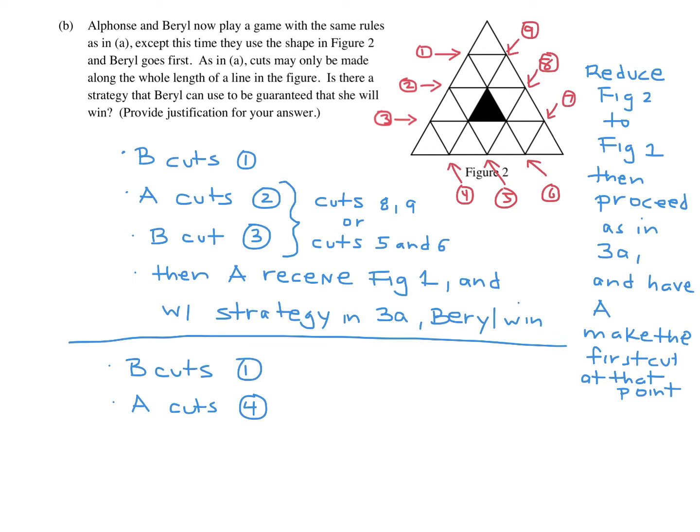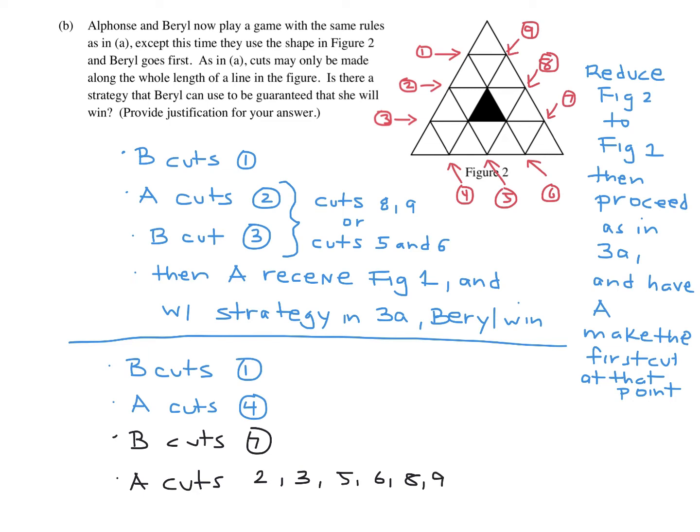So now we can proceed with Beryl. She will cut 7. And then now is when Alphonse has a lot of choices. He can go anywhere of 2, 3, 5, 6, 8, or 9.